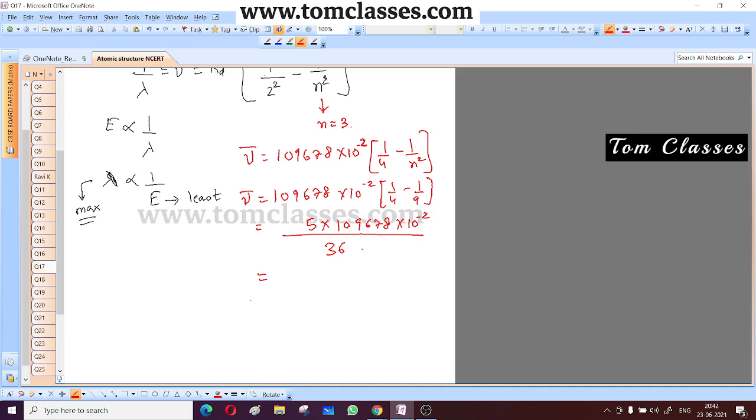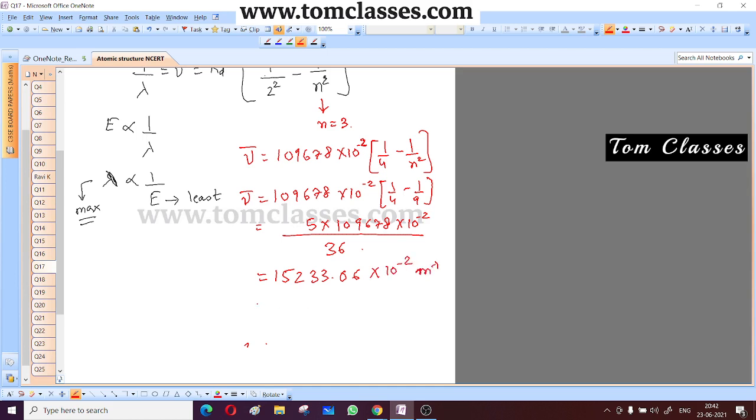Let me use my calculator for this so that we save some time. 109,678 multiplied with 5, divided by 36. Okay, so it is 15,223, right? So this value will come out to be 15233.06 into 10 to the power minus 2 meter inverse.